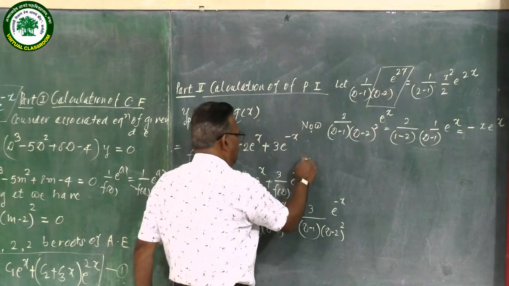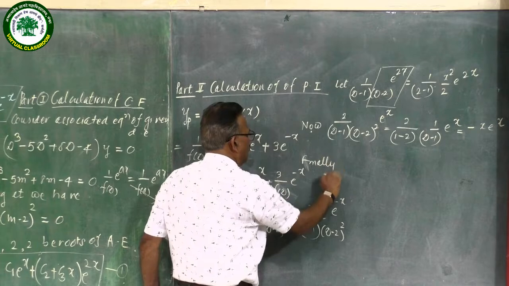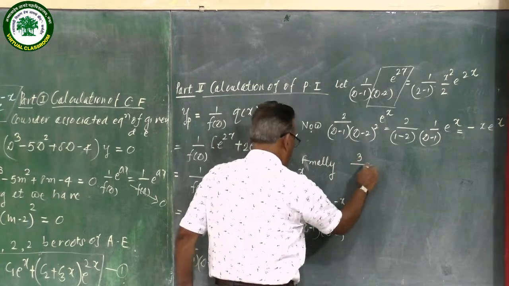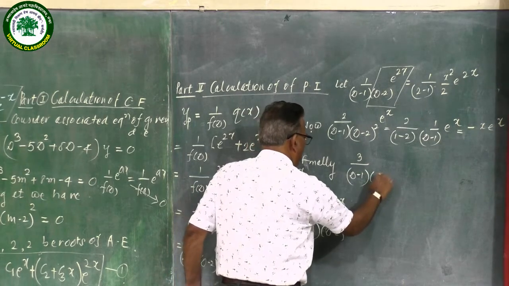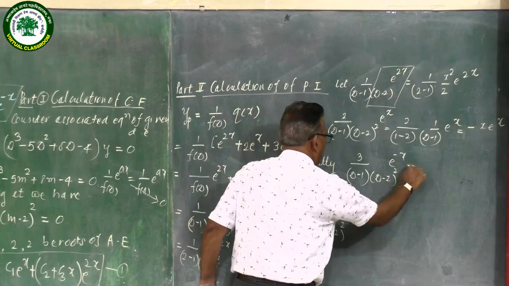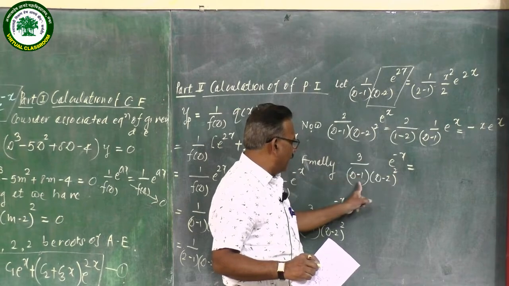And number 3 case, finally, the third part we are taking: 3 upon (D minus 1)(D minus 2) square e raised to minus x. Put D equal to a equal to minus 1 here directly.